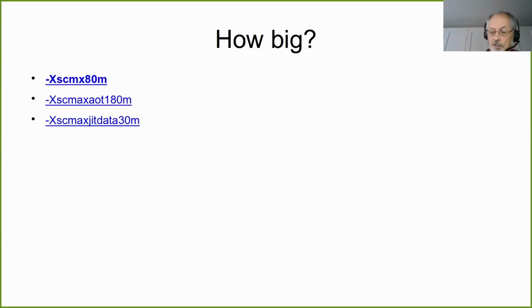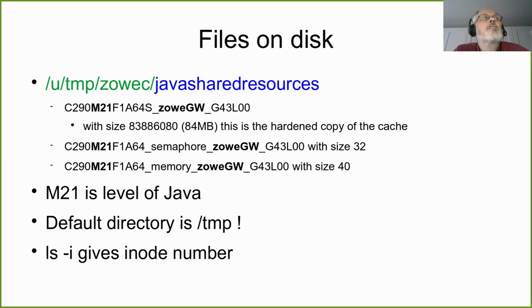Look up the parameters. If you look on the file system, you can see the /u/temp/zoec, which is the green stuff, is what you specified in your shared classes parameter. And Java creates a subdirectory called Java Shared Resources. Within this, there are at least 3 files. So we can see the first one, it's got the M21, and this is the level of Java. So I can see I was running with Java level 21 on the system.